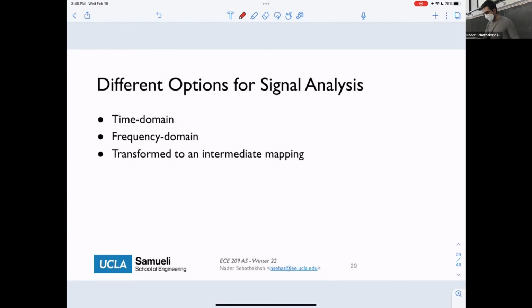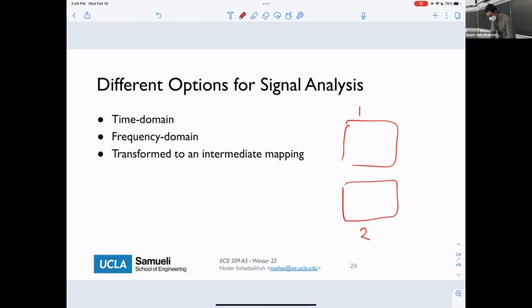Let me see, there's a question in the chat. Somebody asked, what is earth mover? Earth mover is a specific type of distance metric, something similar to correlation, but it's not the same. The idea, if I remember correctly, is that given two different images, image 1 and image 2, how much work does it require to make image 2 similar to image 1?